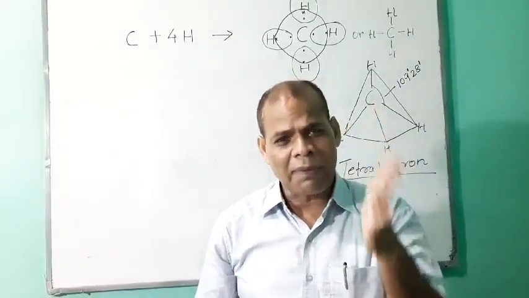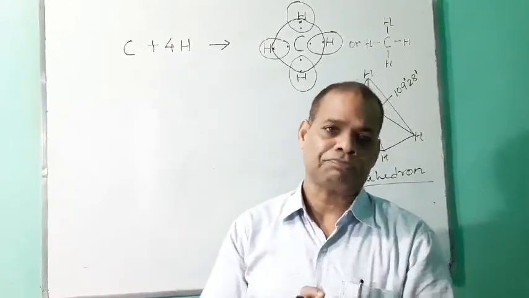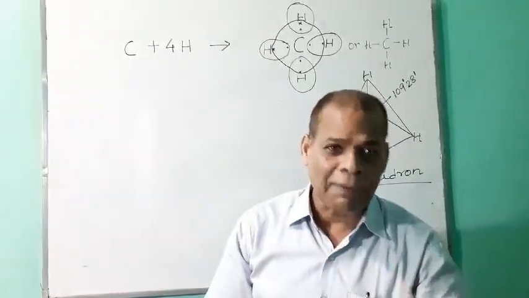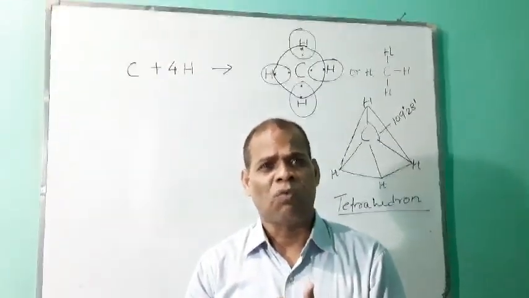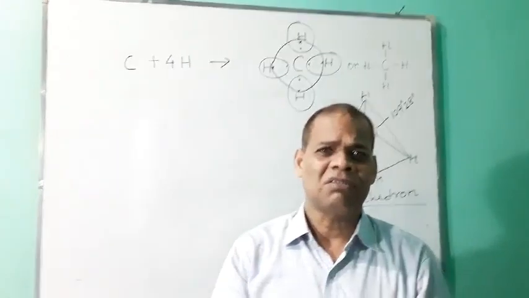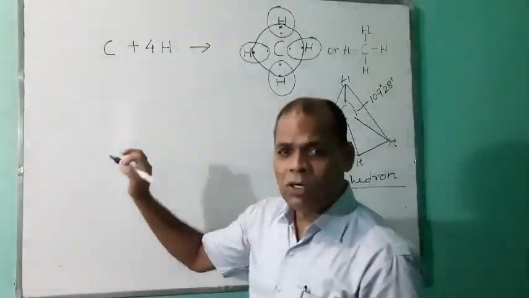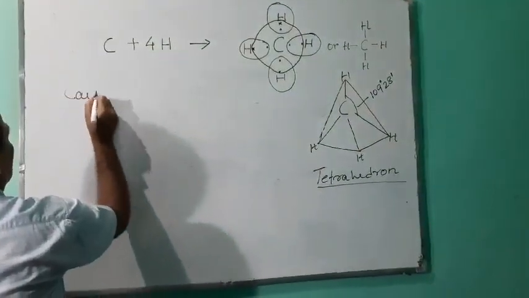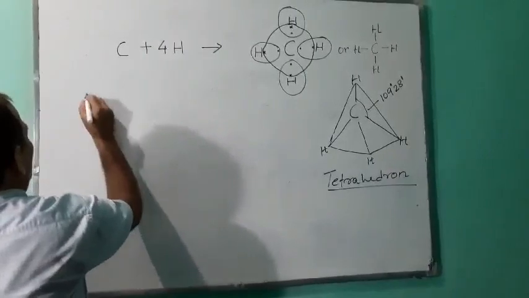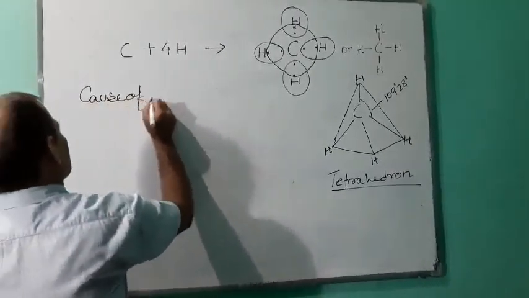carbon has the highest catenation property. Why does carbon have the highest catenation property? First, the cause of catenation.